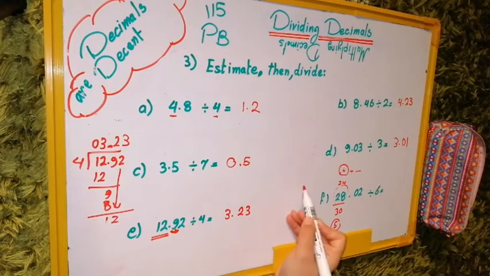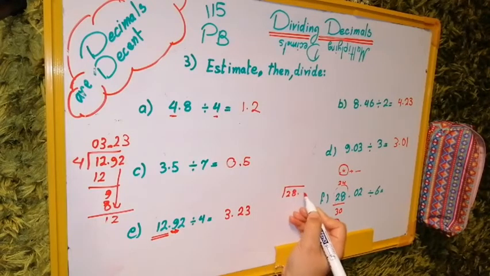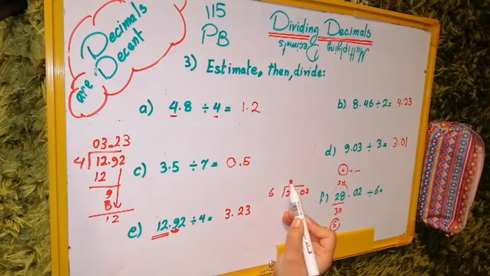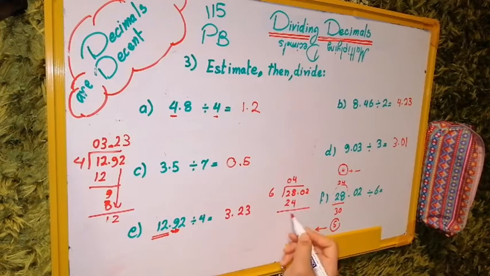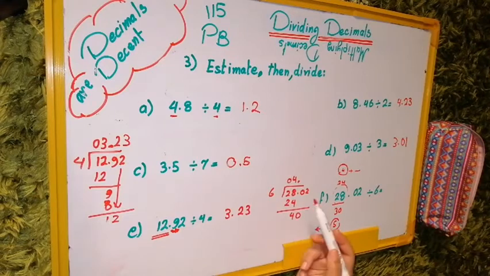Let's do the actual operation. 28.02 divided by 6. 0 by 6 is going to be 420. 4, we have here 4 left. It's going to be, put the point, here we have the 0, and here 40 divided by 6.